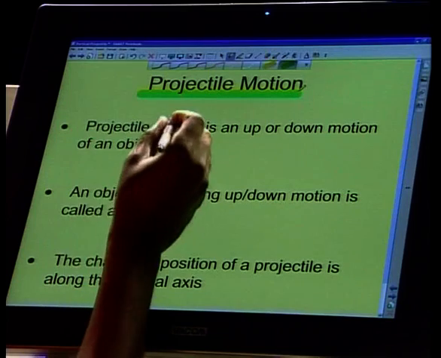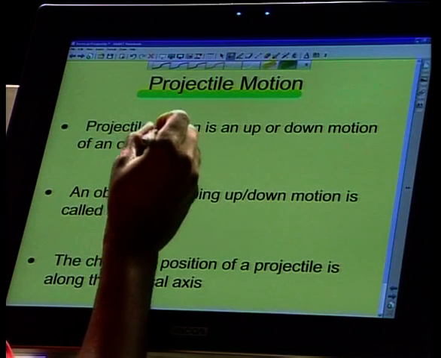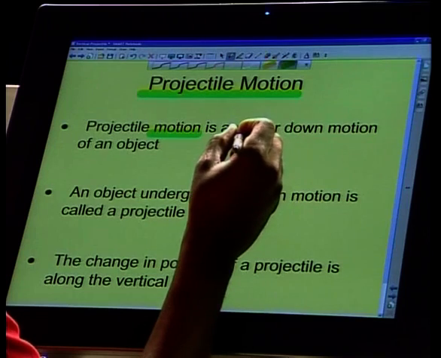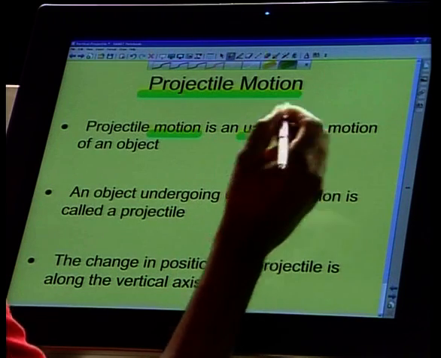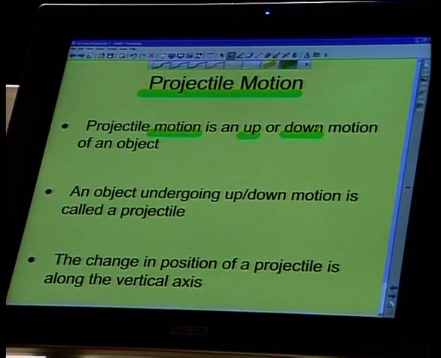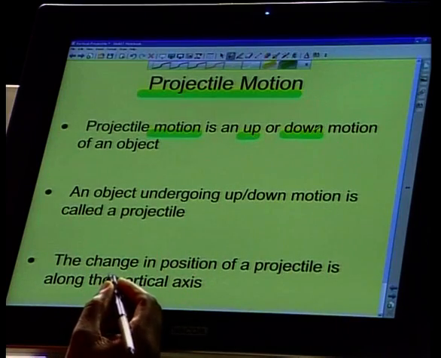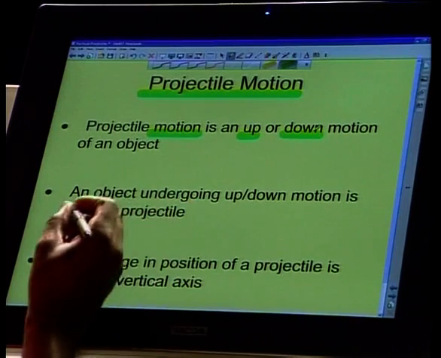Now, let's define what this vertical projectile motion is all about. Projectile motion is an up or down motion. An object should be moving either upwards or downwards. It's something that is moving in air, if we're talking about something thrown within our vicinity on Earth. So we're looking at objects moving up and down. That's the type of motion we'll be looking at.